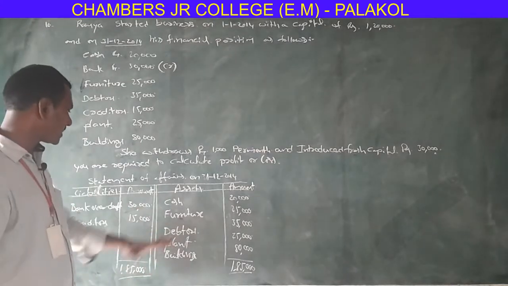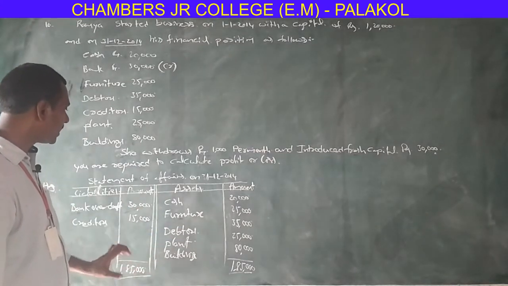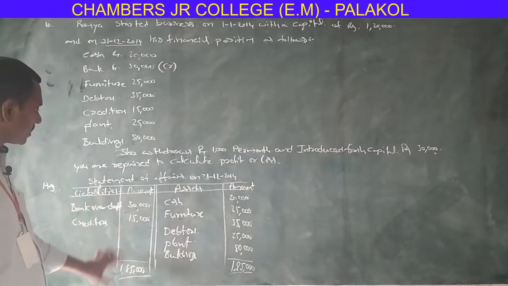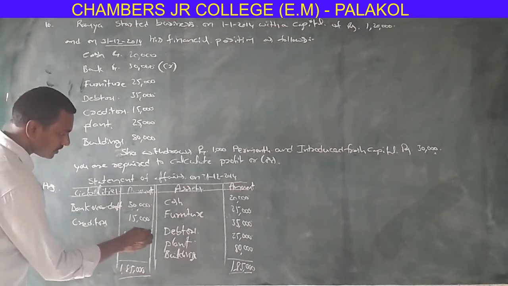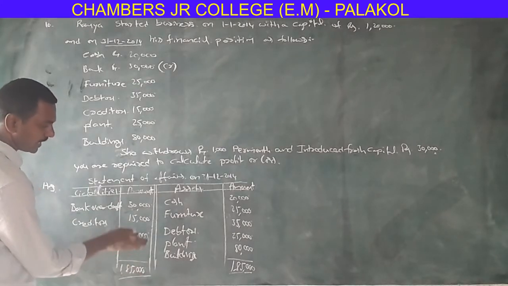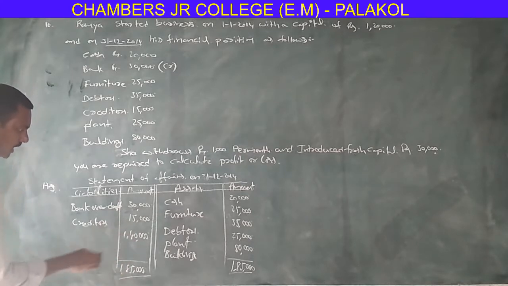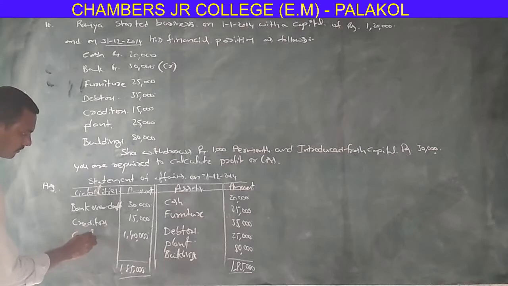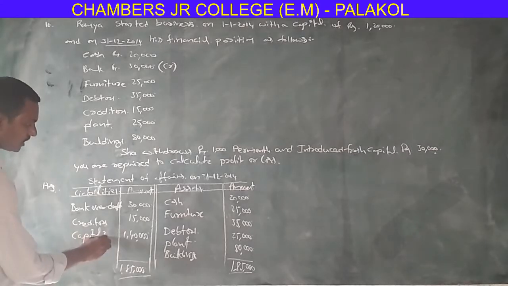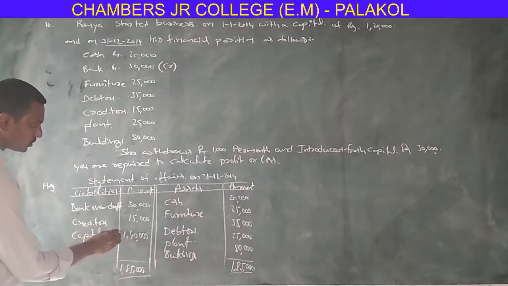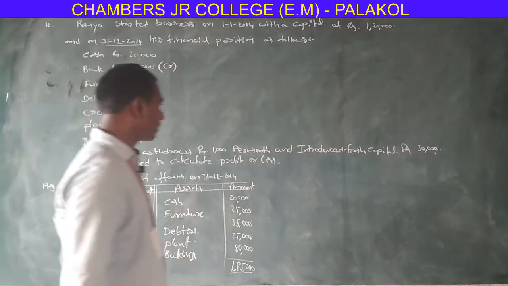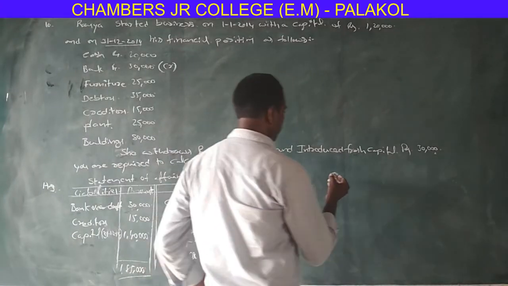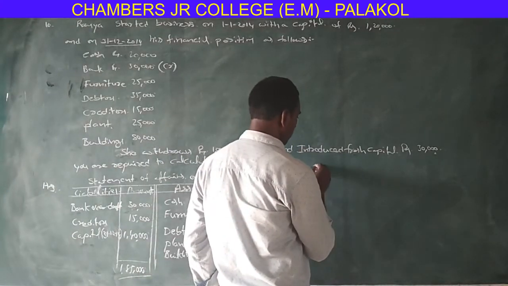The difference between assets and liabilities, that is 1,85,000 minus liabilities 45,000, is 1,40,000. This is the capital at the end of the year, that is 31st 12 2014. Now let us prepare statement of profit or loss.